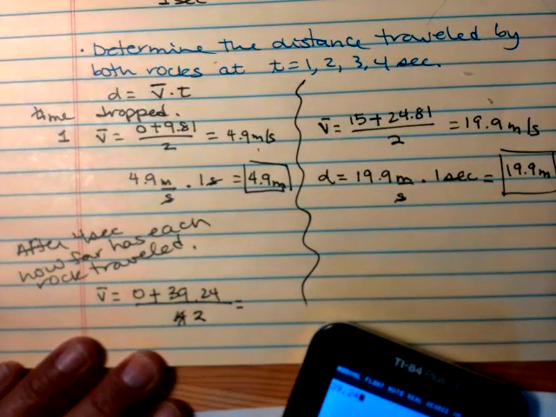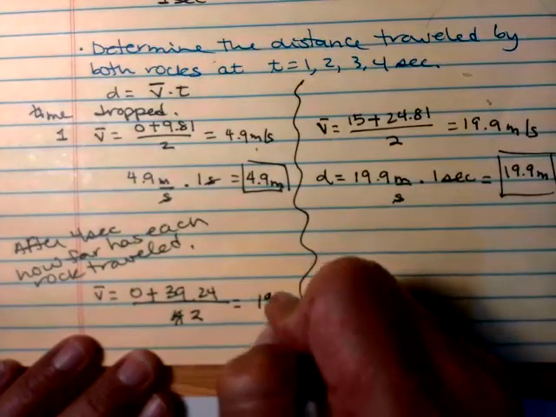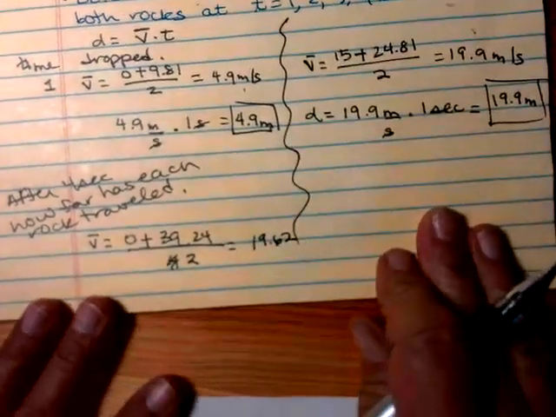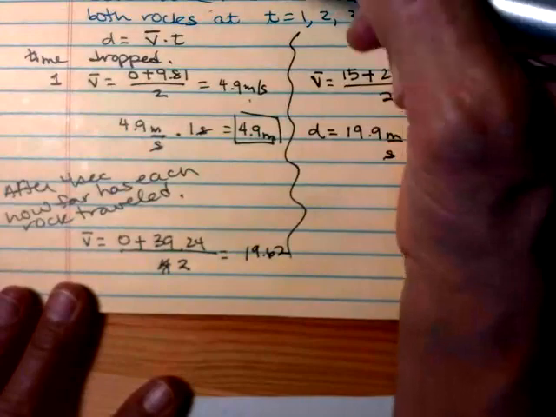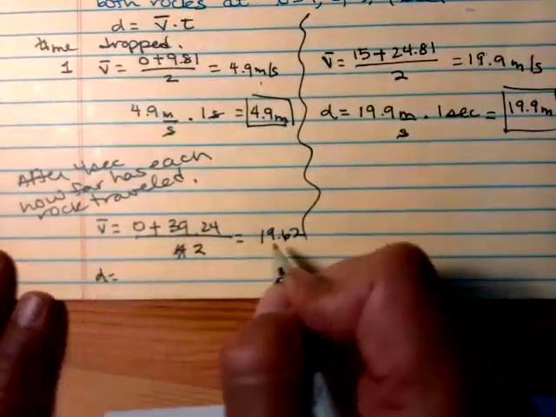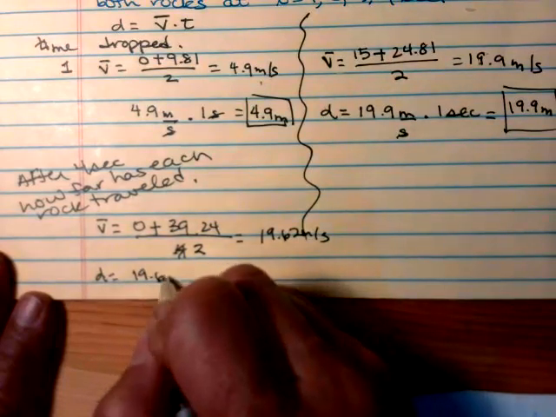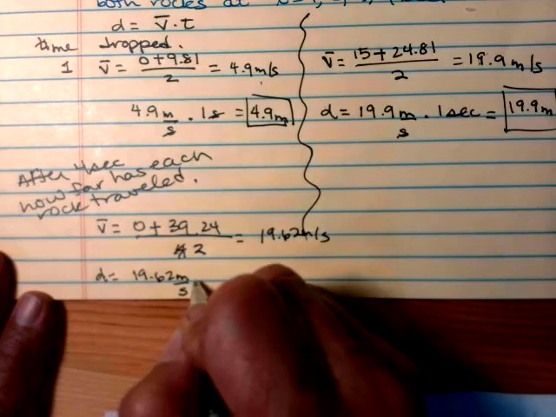And so that will give us, hold on, let's turn my calculator off. So 39.24 divided by 2. So 19.62 would be the average velocity, if I average the final and the initial. And then the distance traveled is that average velocity, sorry, that was meters per second. So 19.62 meters per second.